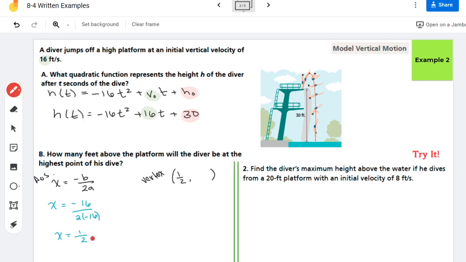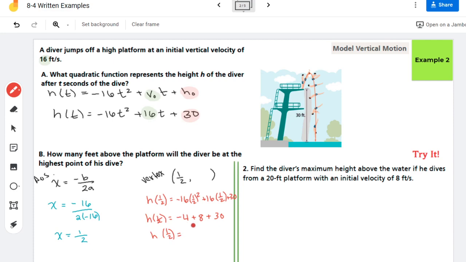Now that I know that 1/2, I'm going to find h of 1/2. So I have negative 16 times 1/2 squared plus 16 times 1/2 plus 30. So 1/2 squared is 1/4, and 1/4 of negative 16 is negative 4. 16 times 1/2 is 8.